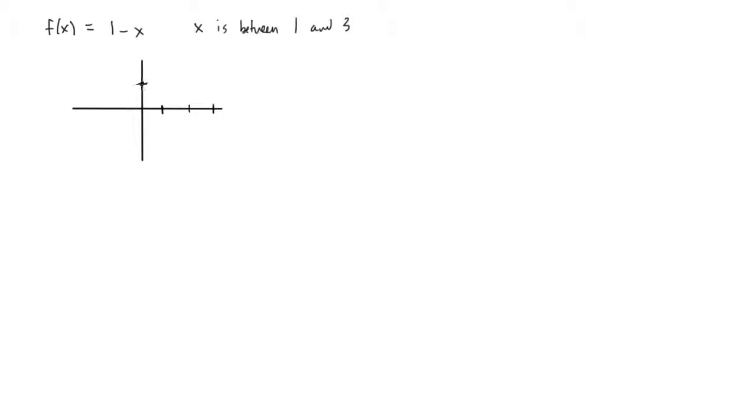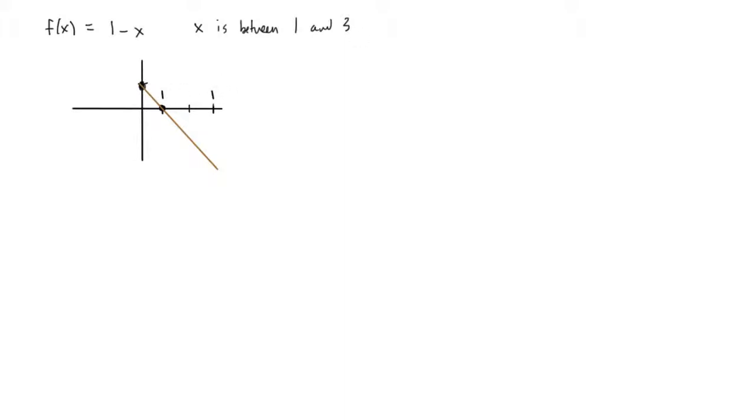And then let me just graph this line real quick. So 1 minus x, the intercept will be here. It'll also go through this point here. And so like in the last segment, I'll do this in brown. So we've got a straight line, and so the graph would be something like this. Okay, and 1 and 3 is here and here.